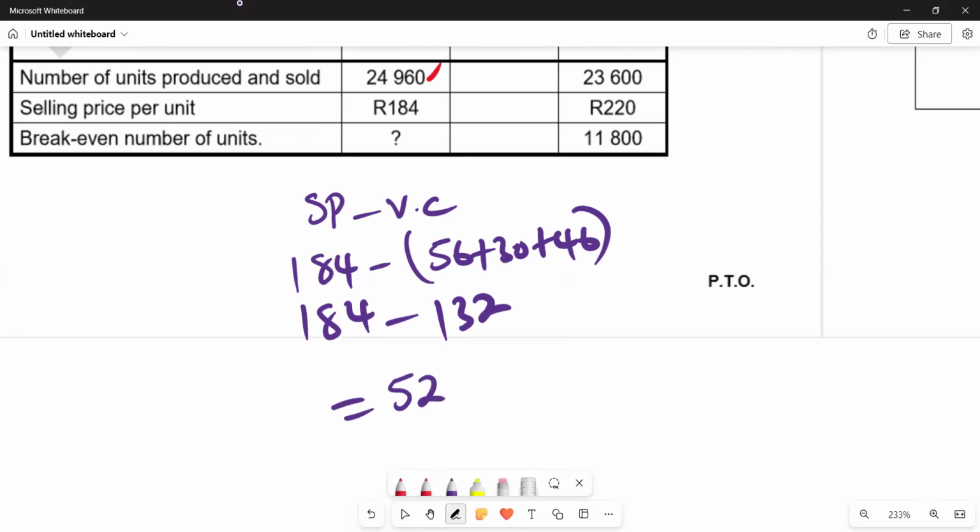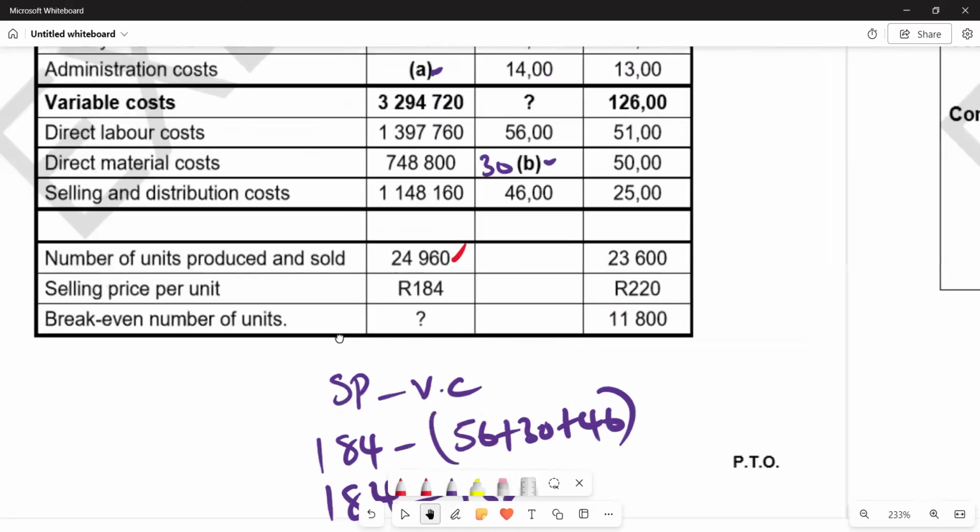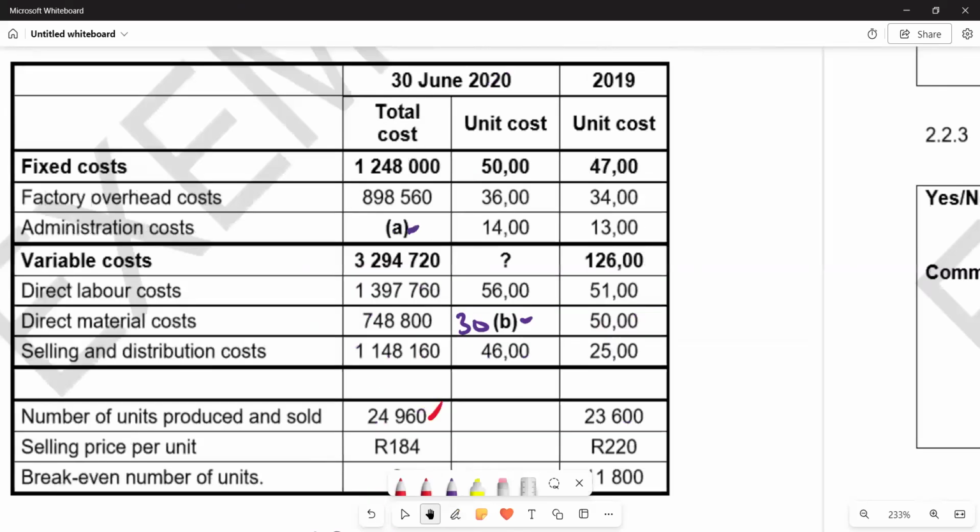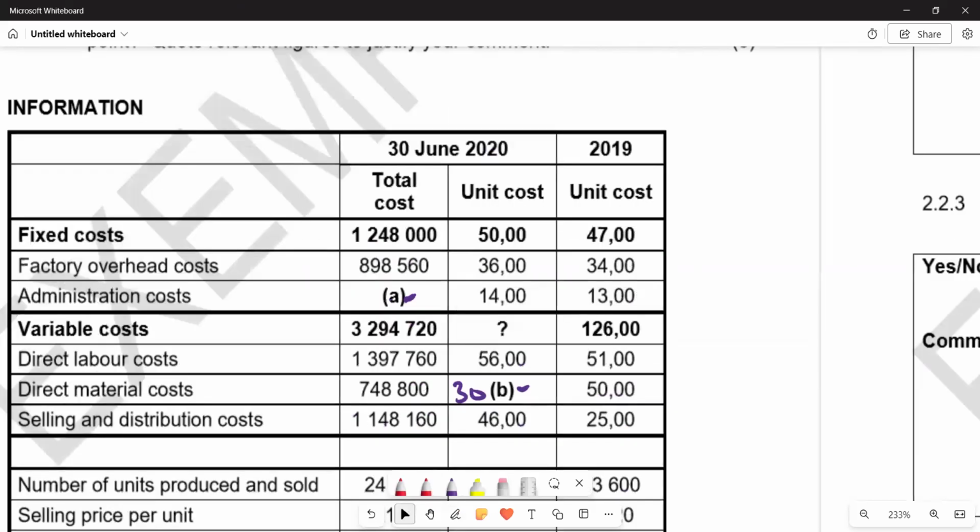So we are now going to divide it into the total of fixed costs, and the total of fixed costs that we were given in the question is 1,248,000. So we divide by 52.